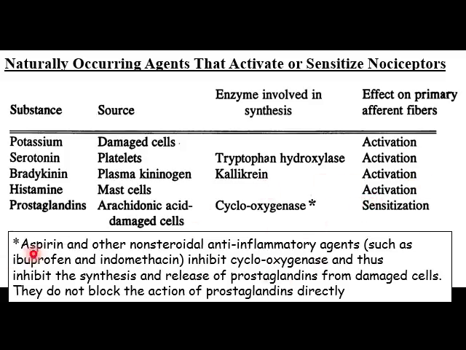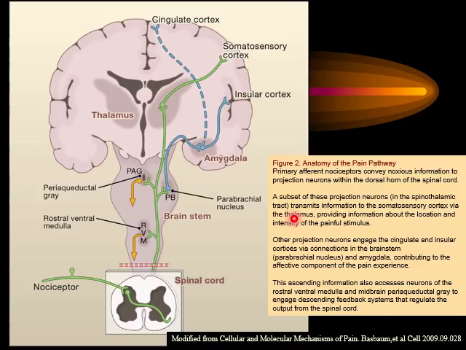The aspirin does not block the action of prostaglandins. So if you get the aspirin in early, it'll have a benefit. If the prostaglandins have already been released, then you don't get as much benefit.